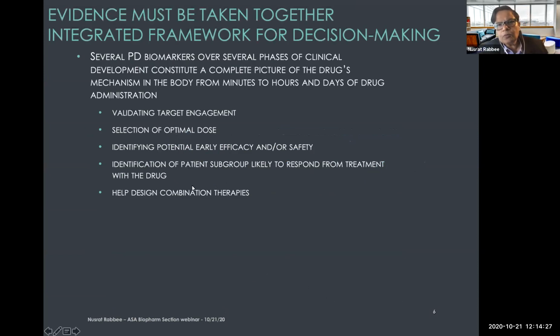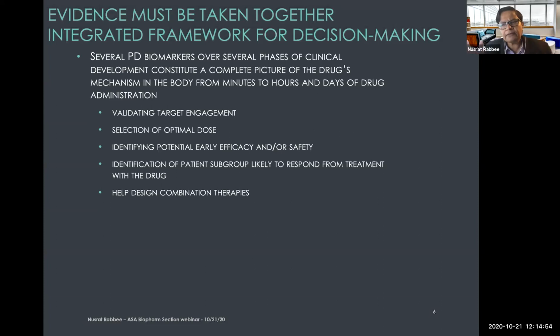What I talk about in the book is that all the evidence must be looked at together to make a decision about the drug and or the disease. So it's an integrated framework of looking at biomarkers. Integrated meaning across the different phases.